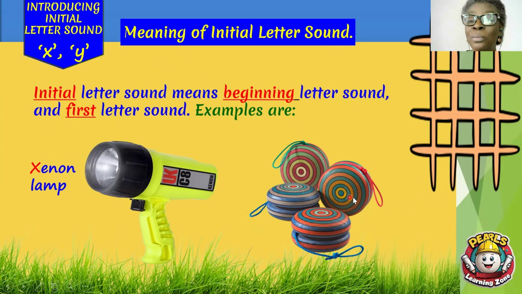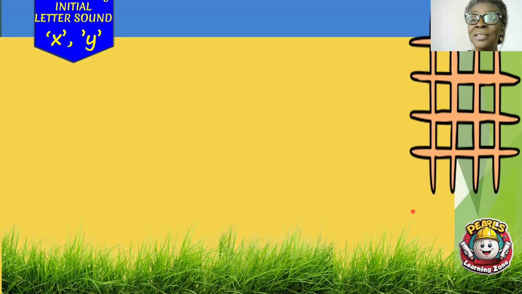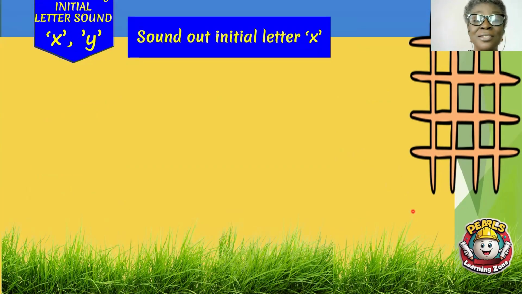So we'll talk more about what yo-yo is, but we know that the first letter sound, beginning letter sound, and initial letter sound mean the same thing. Beautiful. So let's proceed, still on X and Y, initial letter sounds for today's lesson.